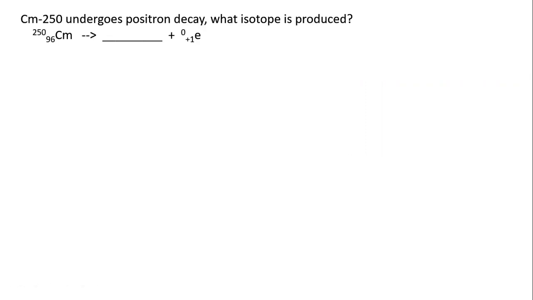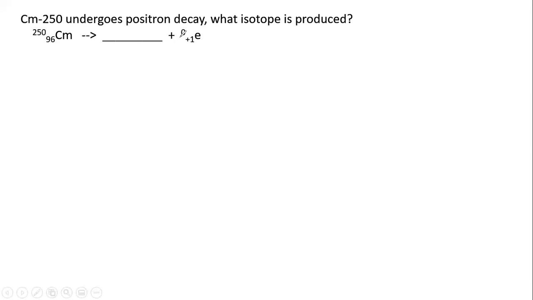So another type of decay is positron emission. So we produce a positron, which is, you could say, a positive electron. And so Cm undergoes positron emission. What's the resulting isotope? So again, what we have to look at is the mass number and atomic number.